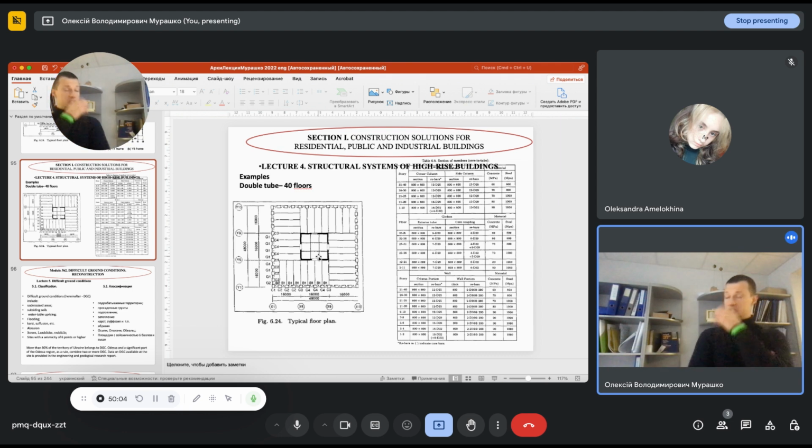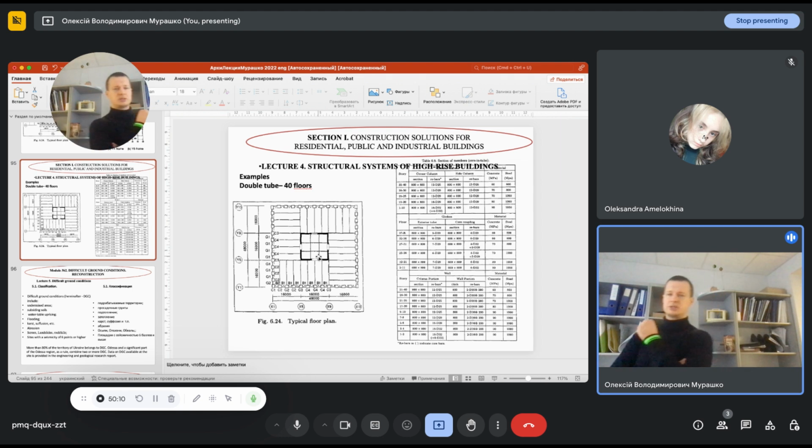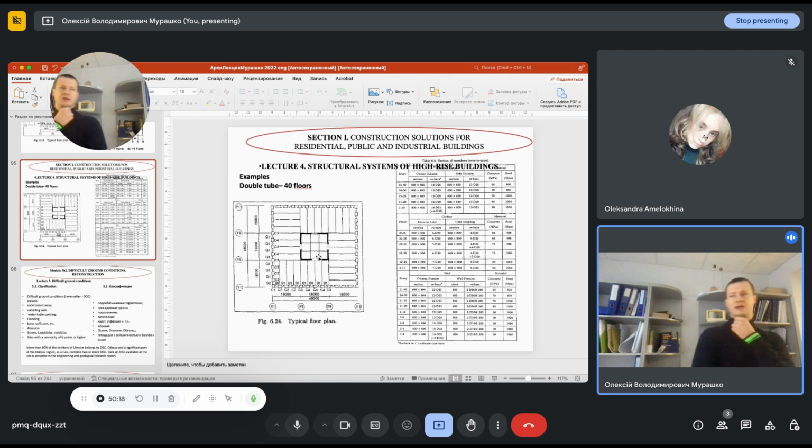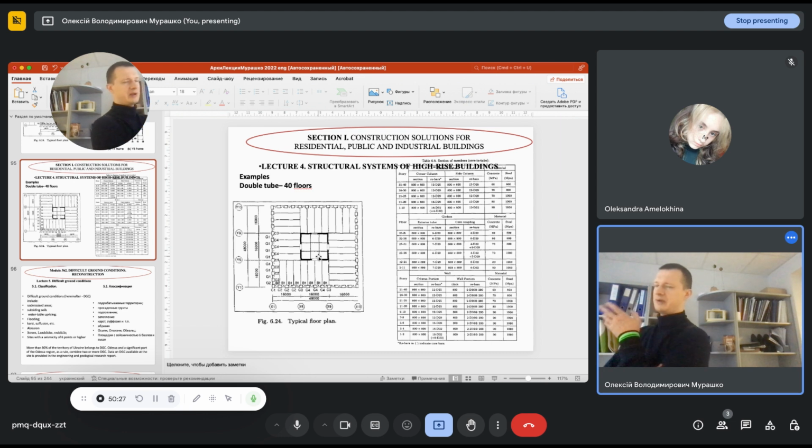So that's all that I wanted to discuss with you during the first module. We have considered structural types, structural schemes, structural systems. We have considered what is geometric stability, and then we have considered the behavior of slabs and beams, of bending elements and frame elements.